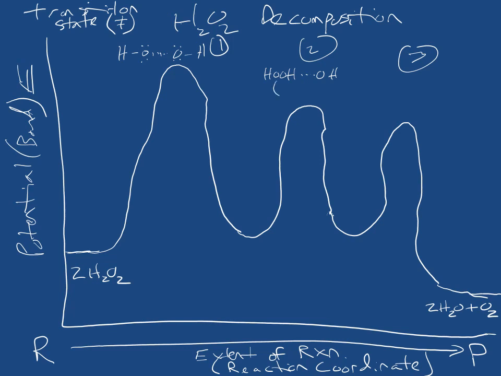So the first step is bond breaking, the second step is bond forming, and that's your transition state. So you have transition state 1, transition state 2, and then of course transition state 3 here.